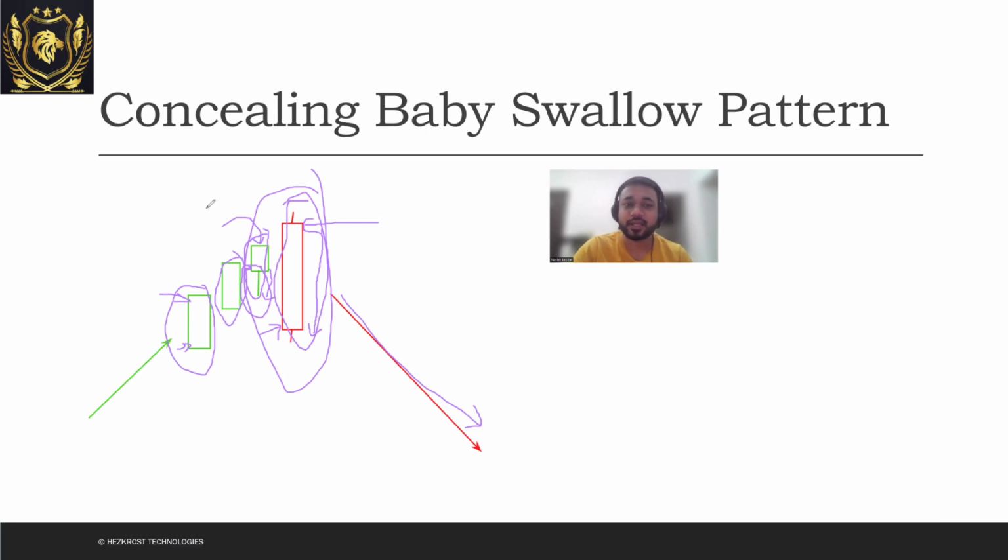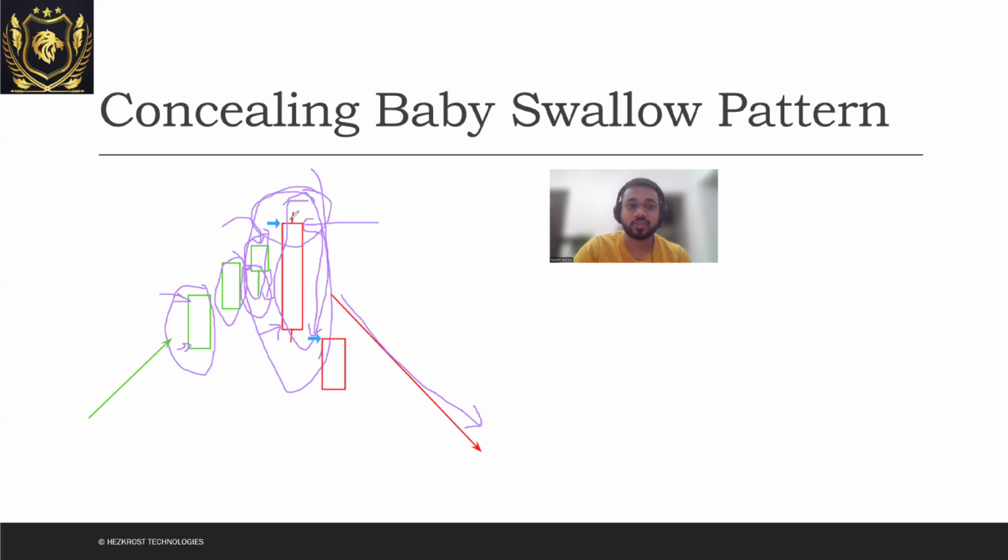Now let's try to understand where we should keep our stop loss. You will enter your trade the next day, since you can expect the next day's candle to be a red candle. So you will enter somewhere over here at this point, and your stop loss will be equal to the open price of your red candle.